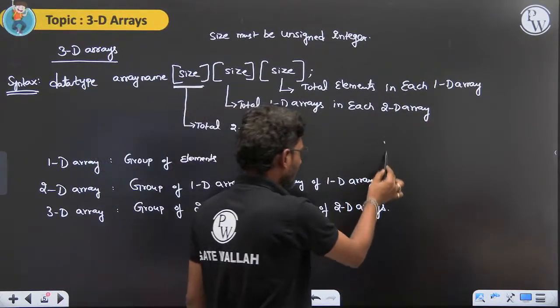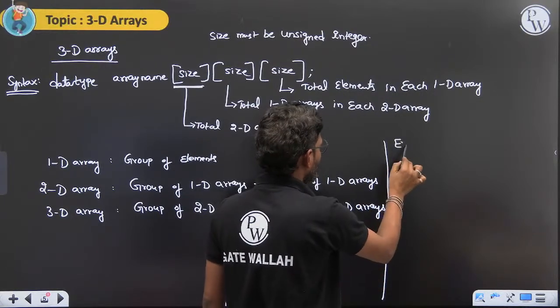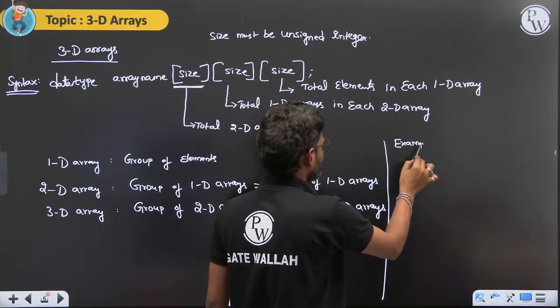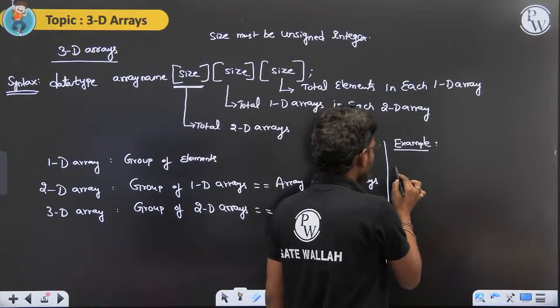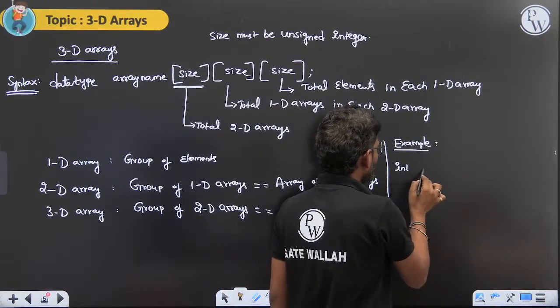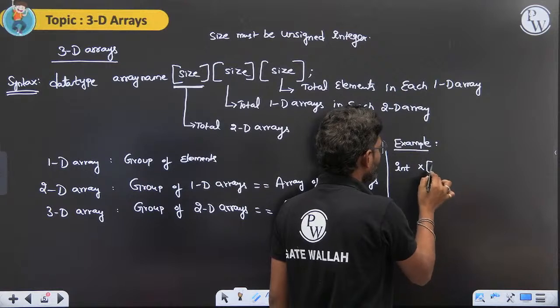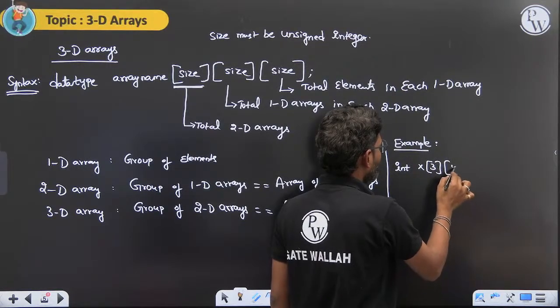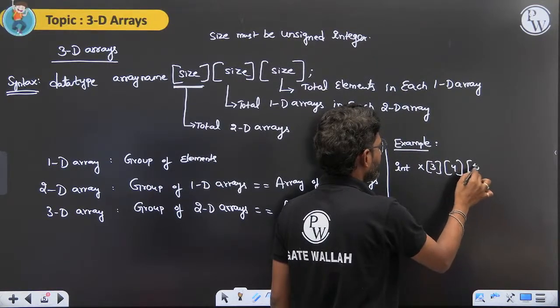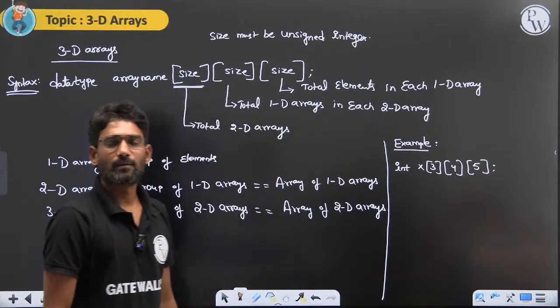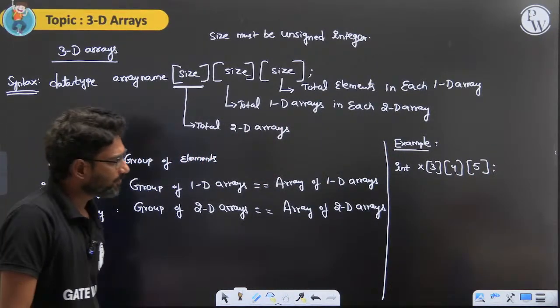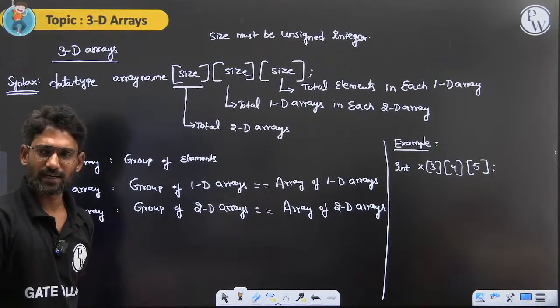For example, let us have an example here. Suppose I write int x of 3, 4, 5. And from this, what we can understand?